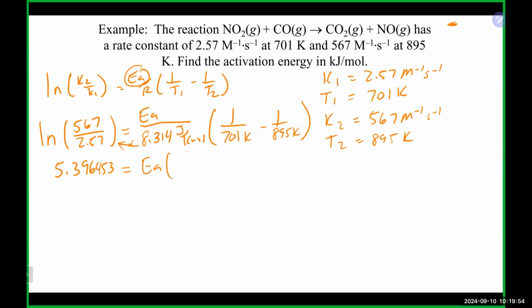I'm also going to clean up what's in the parentheses as well. So I got 1 divided by 701 minus 1 divided by 895. That will give me inside here 0.000309215. Once again, going to multiply by that and then come back and divide by what's in the parentheses.